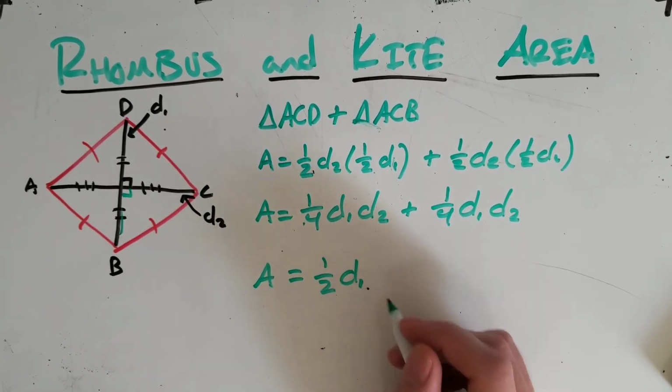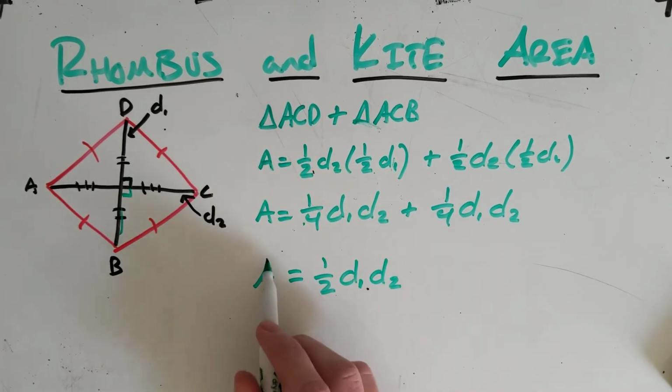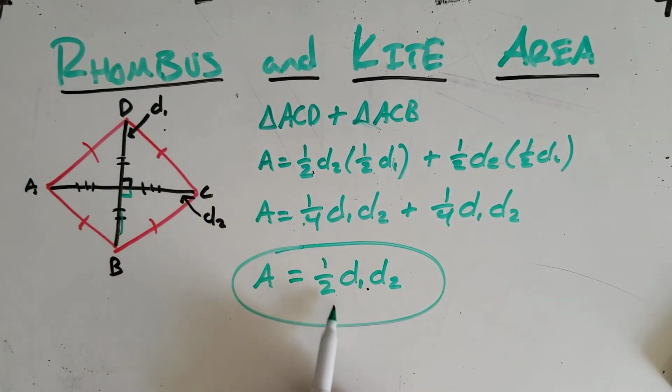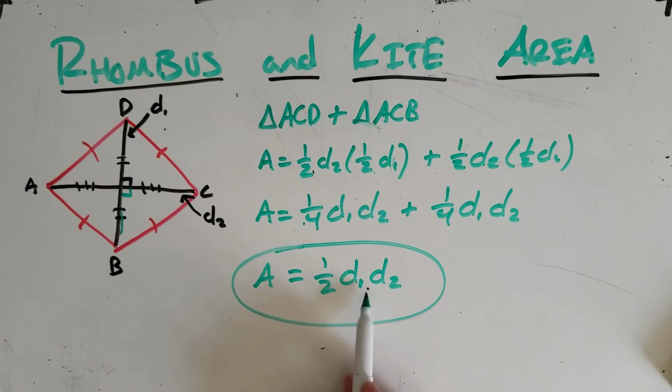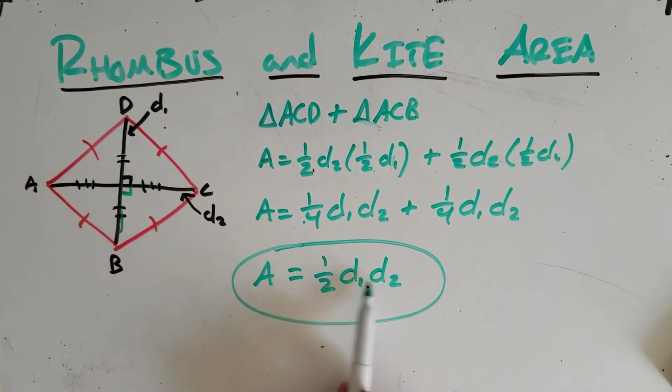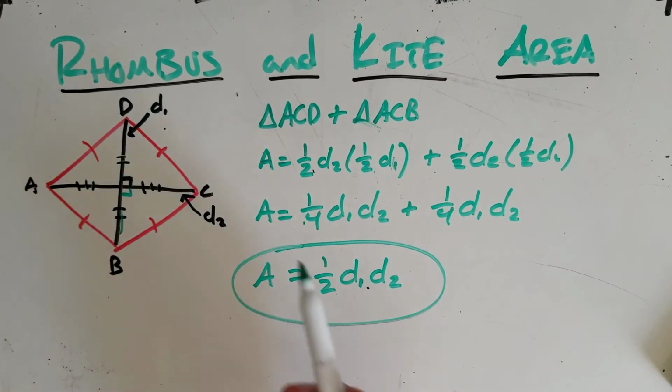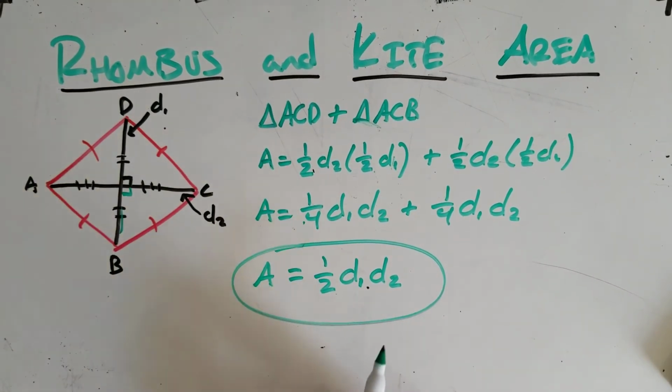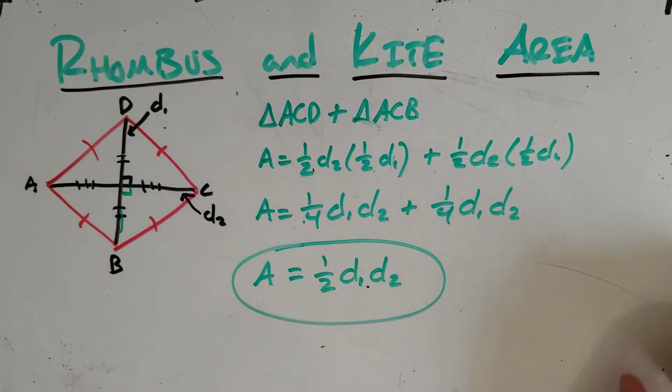So to find the area of a rhombus, you can take half of the product of the two diagonals. So if you know the lengths of both diagonals, you multiply them together, take half, and that will be your area for the rhombus.